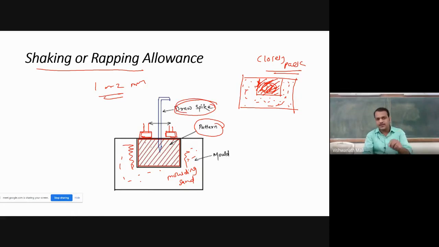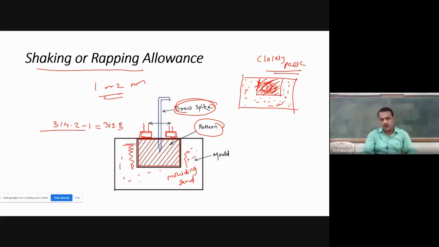While hammering, its dimension increases slightly. So whatever the pattern dimension we got, suppose we got 314.2 mm, then 1 or 2 mm, there is no fixed dimension, we subtract as the shaking or wrapping allowance. So it's 313.